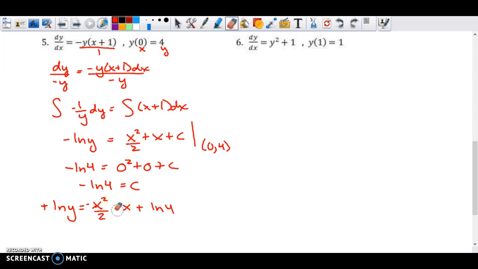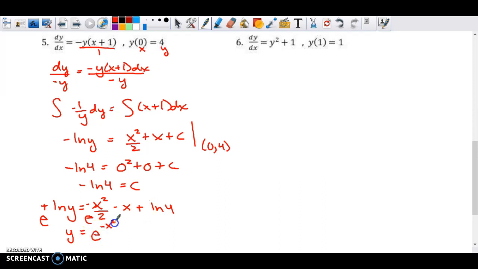And then just like before, because I want to get y by itself, I'm going to use this as like a power. So I'm going to do e on both sides. That's going to give me y. And I'm going to kind of skip some steps here because I'm running out of room. I'm going to explain what I'm doing. So I'm raising this to a power, and then I'm also going to split this up just like I did before, because whenever you have addition, remember you can change it to multiplication with the same base.